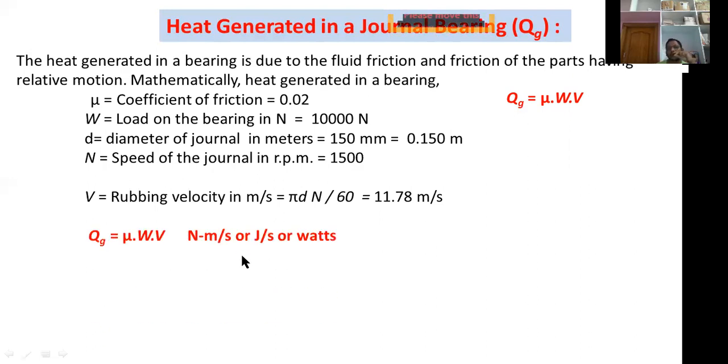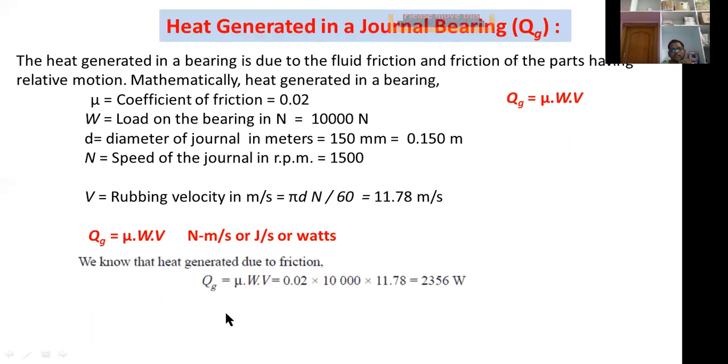Now already we know the expression for amount of heat generated, that is Qz equal to mu W V. Substitute the value of mu equal to 0.02 and W equal to 10,000 and velocity V equal to 11.78. Substitute these three values in this equation.